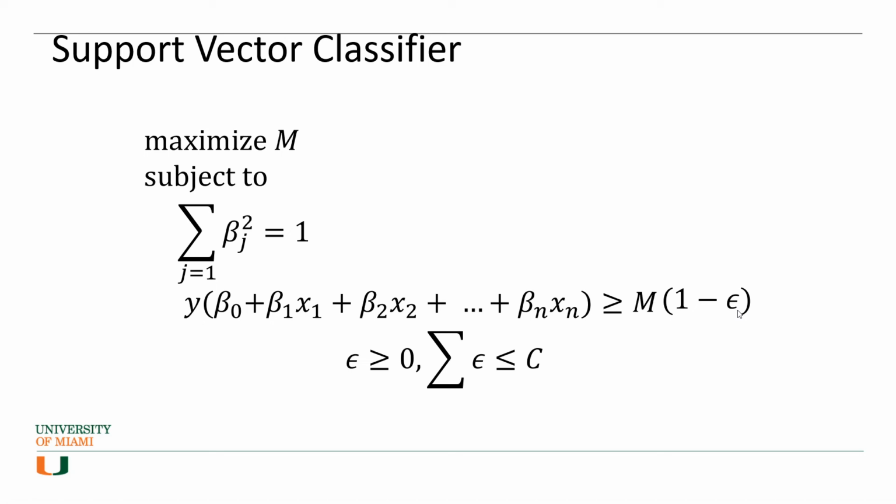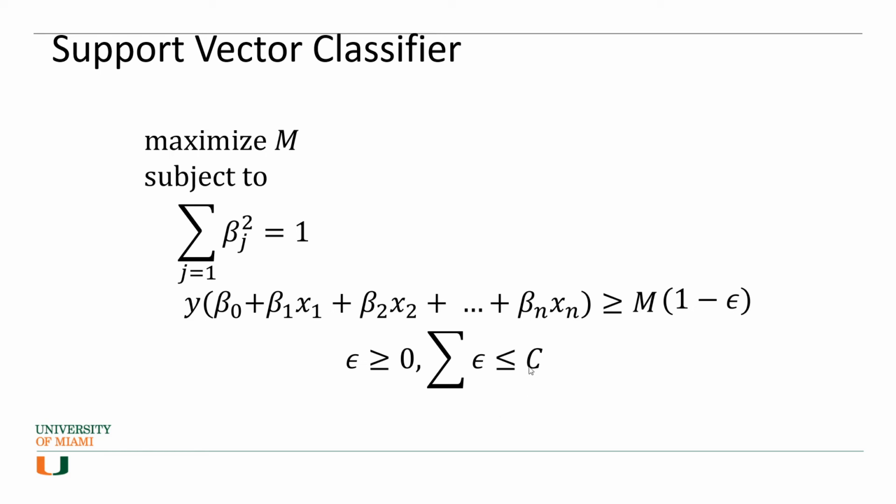This will turn out to be the formula for the maximum margin classifier, because 1 minus 0 is equal to 1, and 1 multiplied by m is equal to m, right? Now, on the other hand, if you start gradually increasing the value of c such that the corresponding values of epsilons for the observations are allowed to move away from 0 and become larger, you're actually moving the margins from the middle line to the right and to the left, allowing more misclassifications.